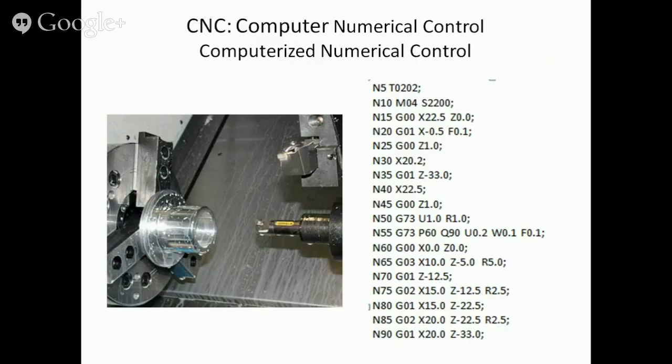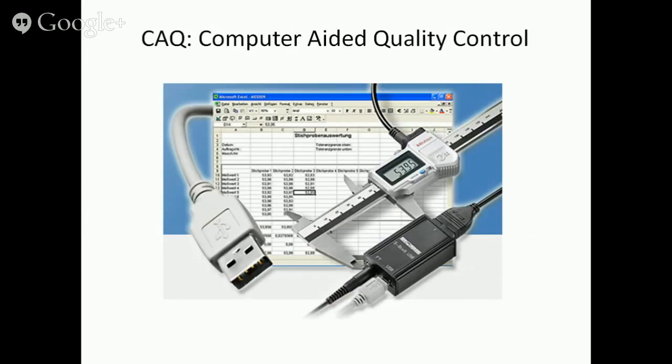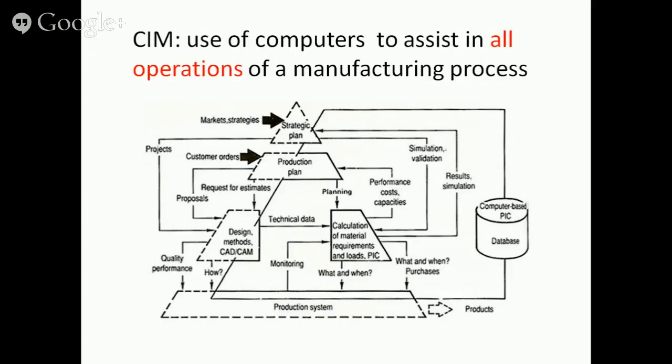CAQ, computer-aided quality control, uses computer-controlled measuring equipment for quality assurance. CIM means the use of computers to assist in all operations of a manufacturing process, starting with strategic planning, production planning, etc., down to production of the part.